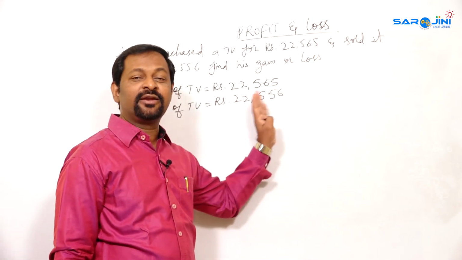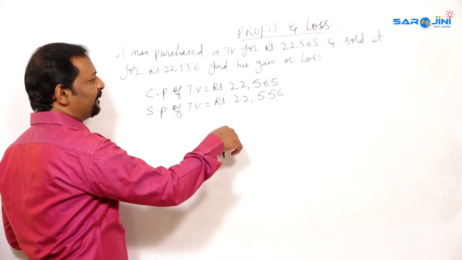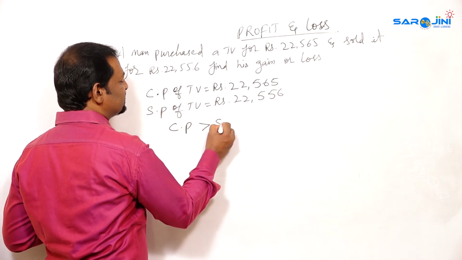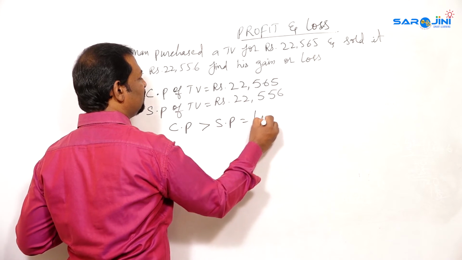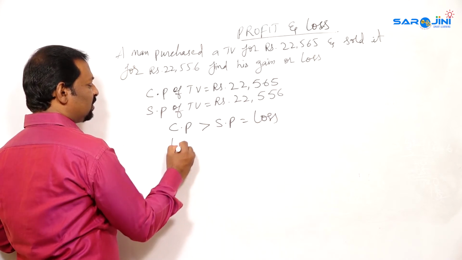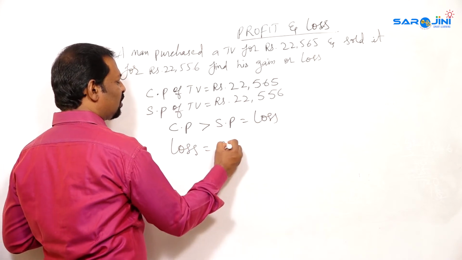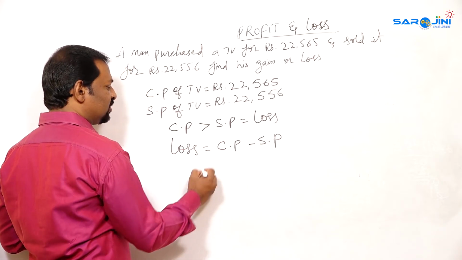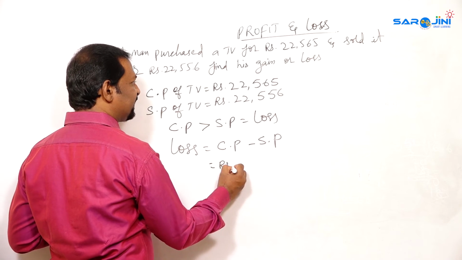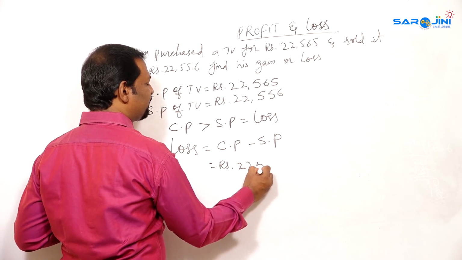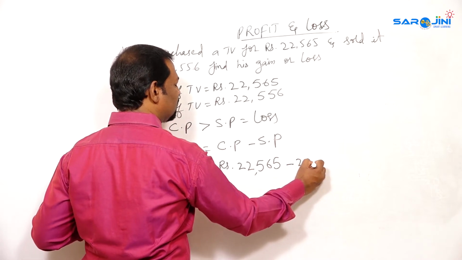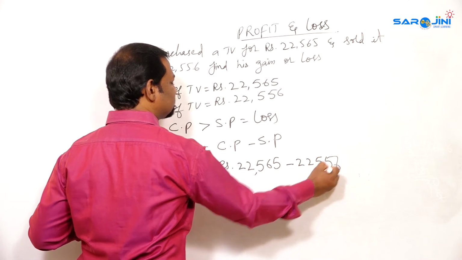565 and 556. So here if you compare, your cost price is more than the selling price, which is equal to loss. So loss is equal to cost price minus selling price. This cost price is 22,565 minus 22,556.